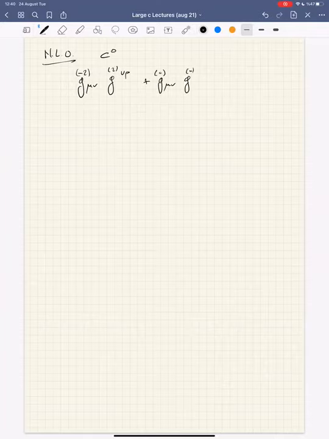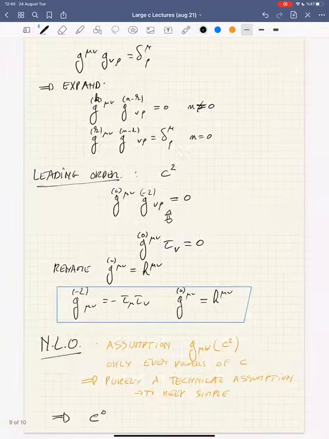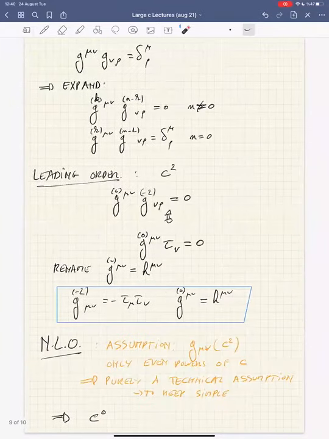Okay, so if you go to next to leading order, so order C0, then you get the following equation: G mu nu minus 2, G2 mu rho plus, and now we also have G mu 0, G0 mu rho equals, and again, remember the zeroth order was special because this delta comes at zeroth order.